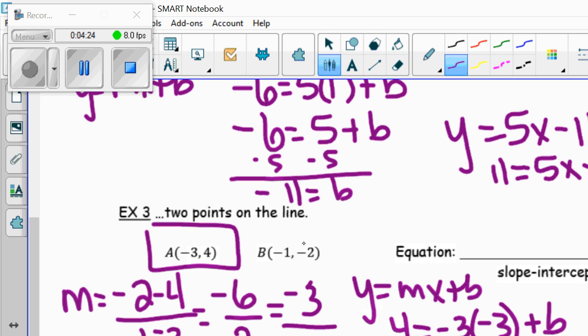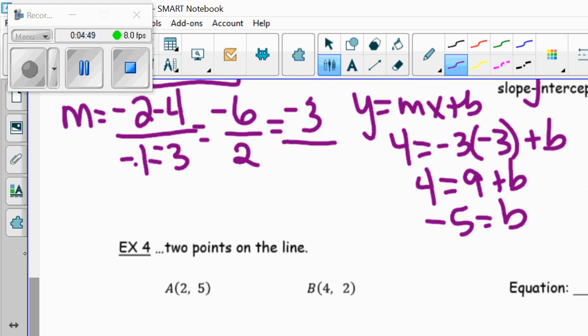So here I have 4 = 9 + b. So subtract 9 and we get that our b is -5. So now I can write my equation in slope-intercept form. y = our slope we said was -3x, our y-intercept -5. So y = -3x - 5.